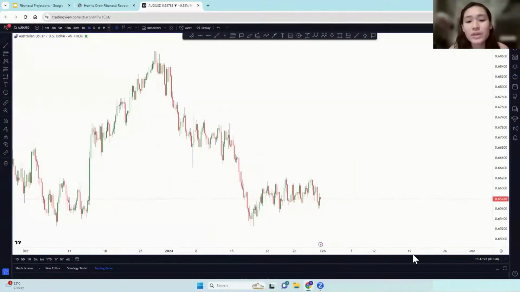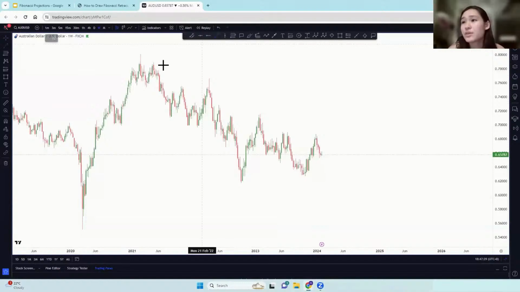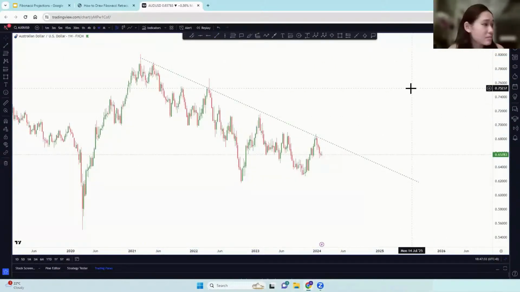Okay, so on our weekly time frame again, you can see prices dropping. Okay, we see prices moving in this descending trend line.